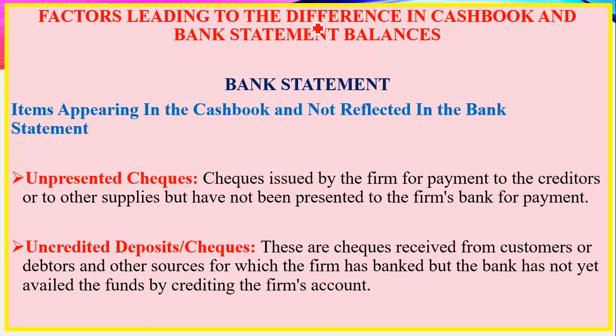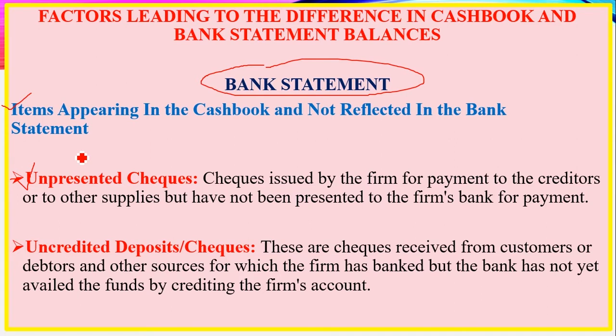There are various factors that lead to the difference in balances between the cash book and the bank statement. And some of these factors include, let's start with the factors in the bank statement. In the bank statement, we might have items that appear in the cash book and are not reflected in the bank statement. These items include, one, unpresented checks.